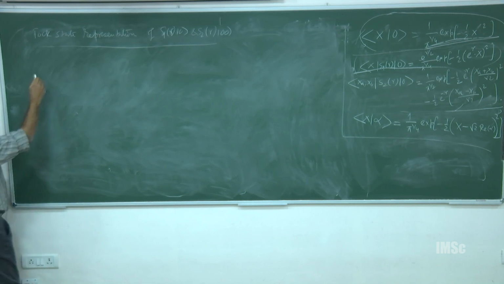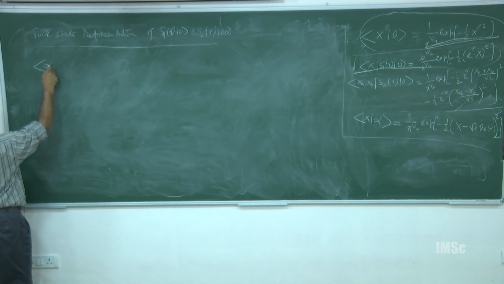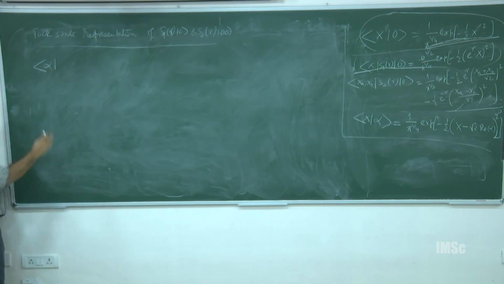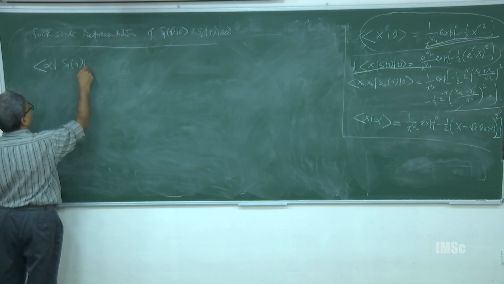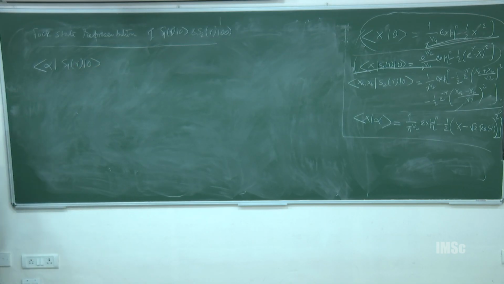What I will do is figure out the overlap of a coherent state and, let us say, S1(r) first for the single mode. Basically, I want to write it in terms of Fock states.